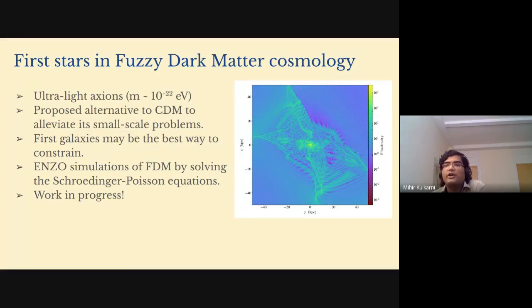There are many ways where you need to generate mock catalogs to understand what sort of signals we expect. So I would say, yeah, there's a good future for the field of computational astrophysics to understand various objects.